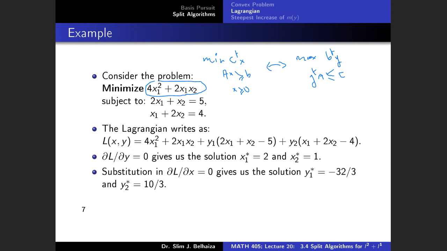The correspondence here is that the objective coefficients become the right-hand sides of the conditions in the dual, and the same happens with the b's. If they are in the objective coefficients of the dual, they should be in the right-hand side of the primal. And the same A is here.